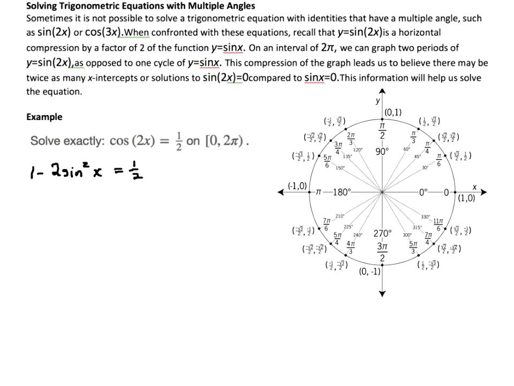And that is one of our double angle formulas that we learned in section, I think that was 9.3. Okay, so I'm going to multiply the whole equation by 2 just to get rid of that fraction. And so that distributes to every term in the equation. So I have 2 minus 4 sine squared x equals 1.